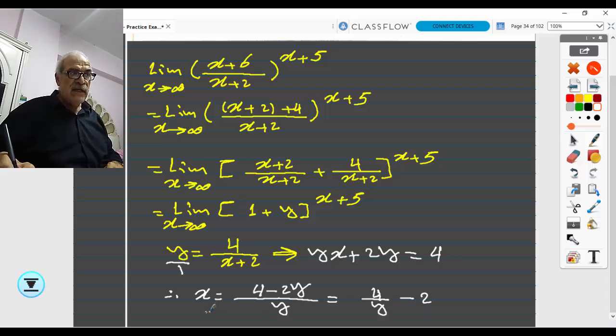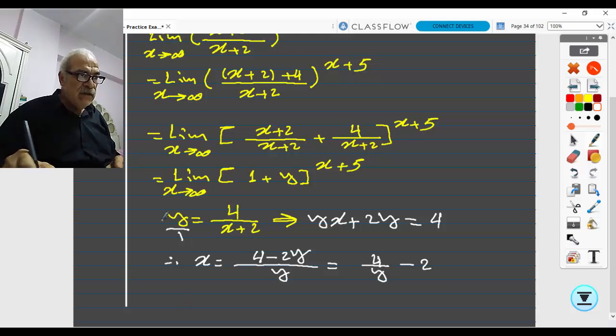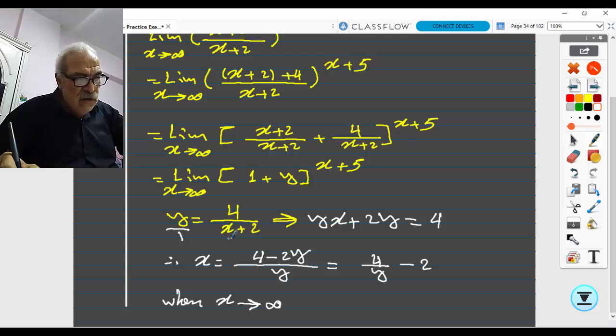This is x now. So instead of x here, we will write 4 over y minus 2. Look, when x tends to infinity, infinity is in the denominator, so y tends to 0.